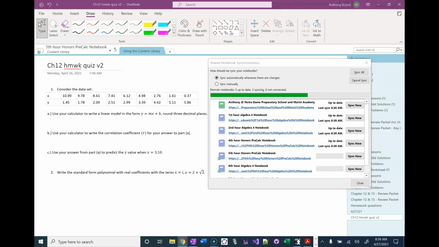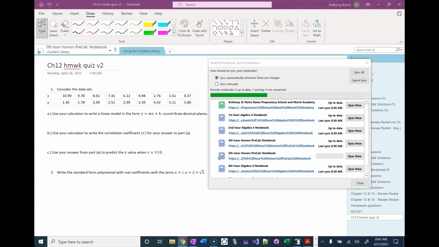So it's on the PowerSchool calendar, and it is set to be due at 11:59 p.m. Everybody happy there?